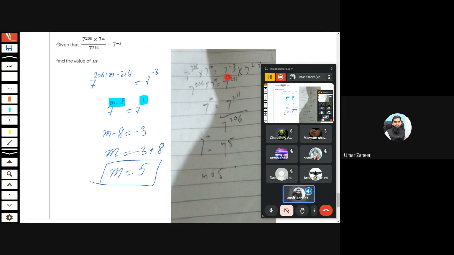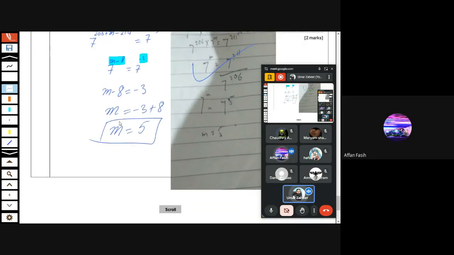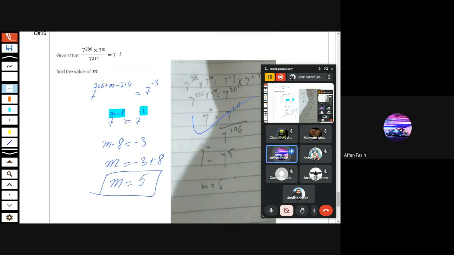Oh, you have to take it on the other side. All right. Yeah, this is also correct. You have to do it another way. That is also correct. Sir, I have done the calculation. My answer is also coming m is equal to 5. I cannot send the picture in the group.